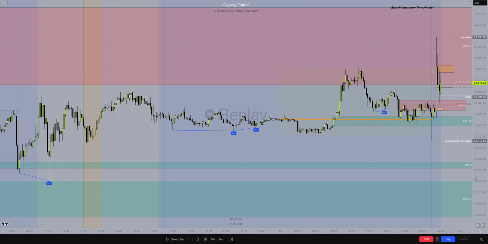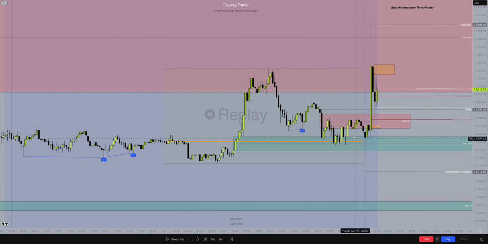When I got on, we were looking at price here, and we're chopping because we've got a 15-minute BISI here and a 5 minute SIBI here. So price is just going back and forth between these two PD arrays.